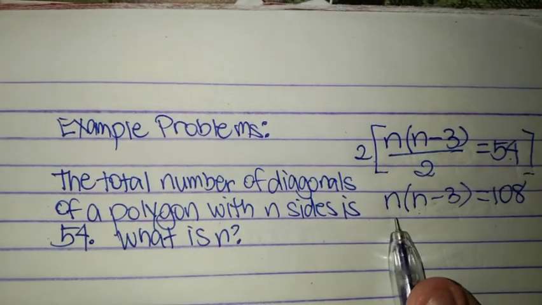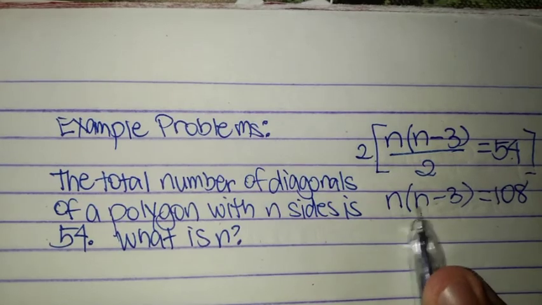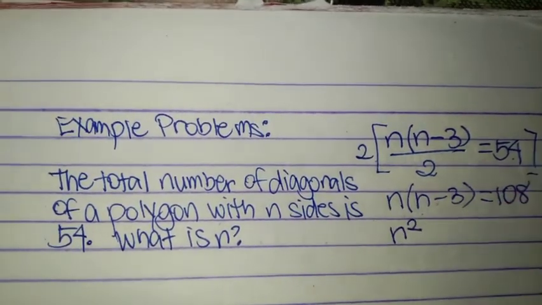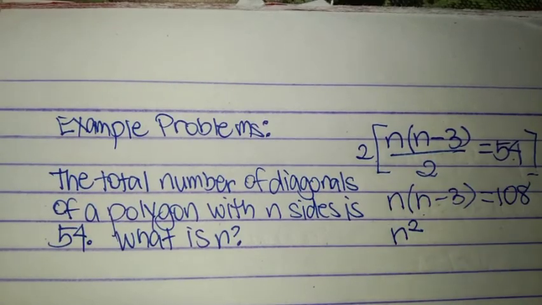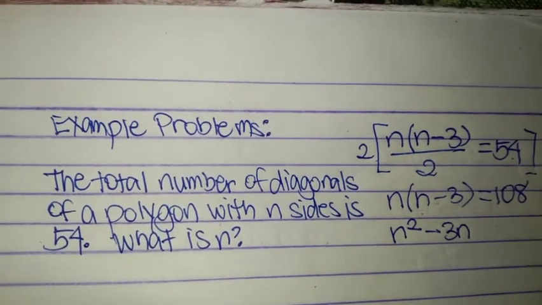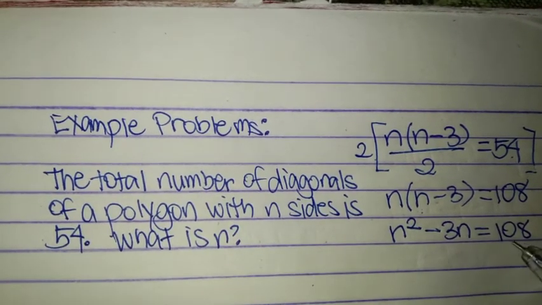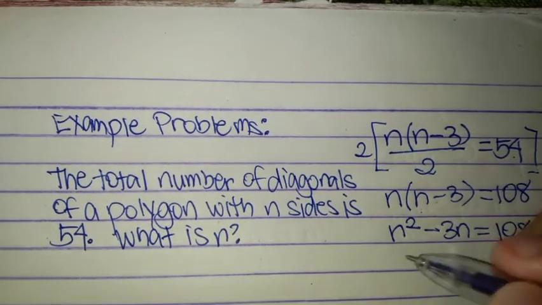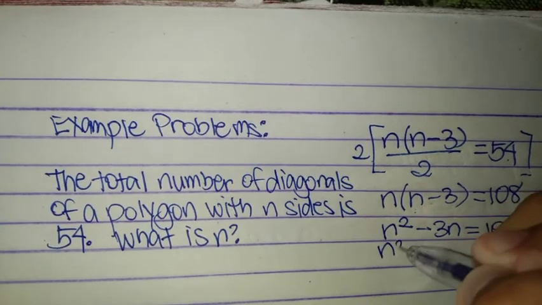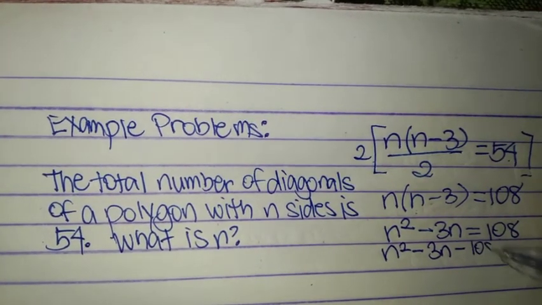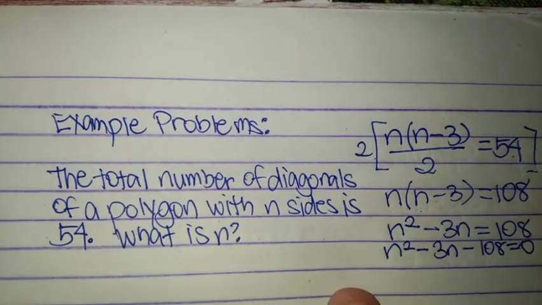We distribute n to the terms n and negative 3. So we get n times n, n squared. Negative 3 times n, negative 3n. Equals 108. Then we move the constant to form a quadratic equation. n squared minus 3n minus 108 equals 0.